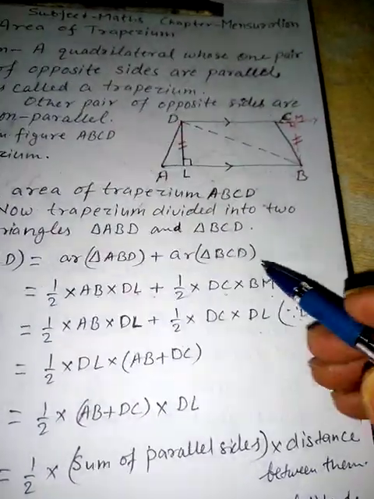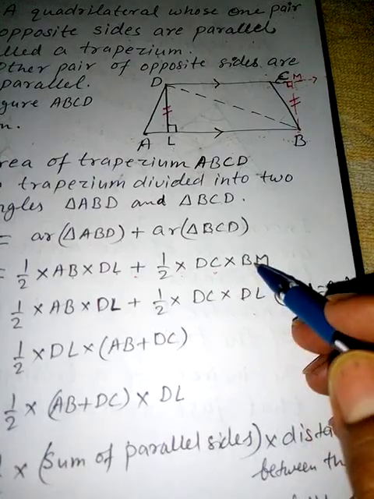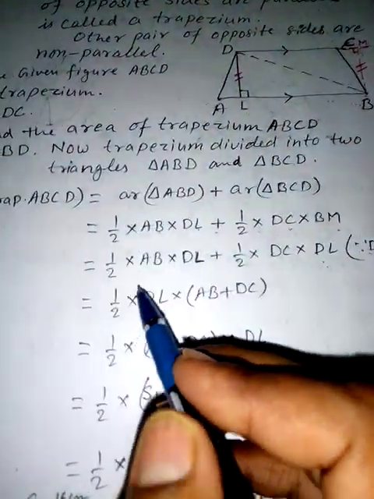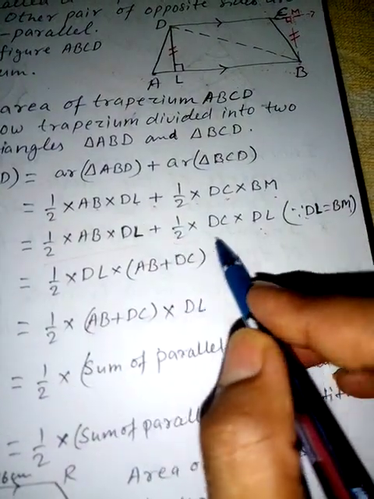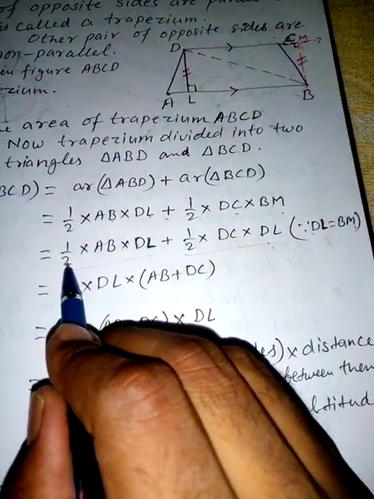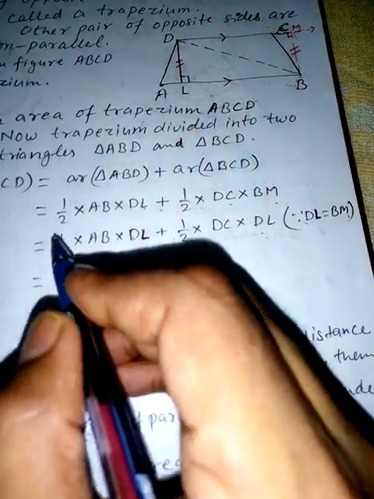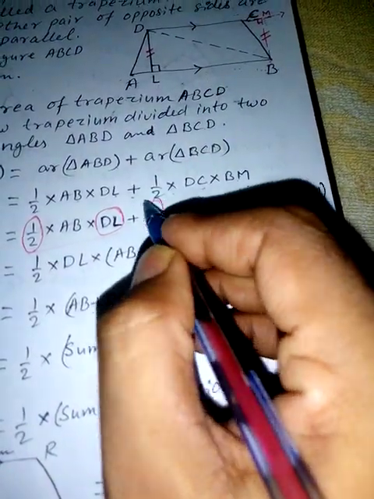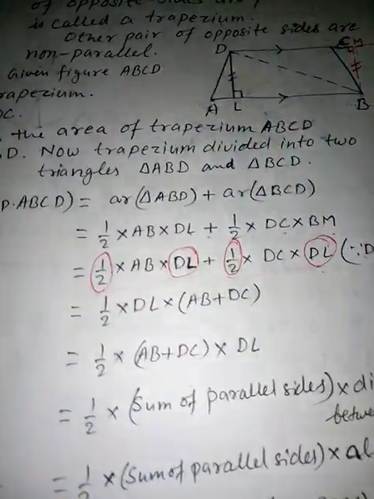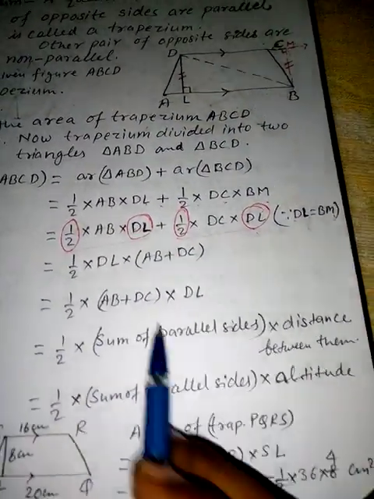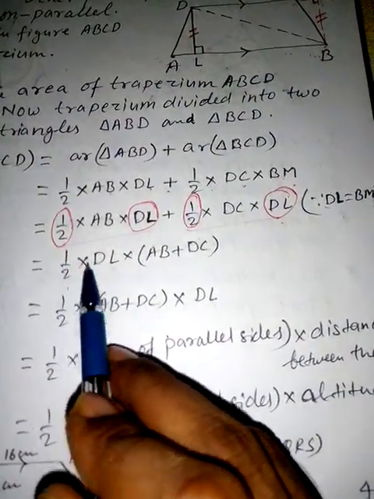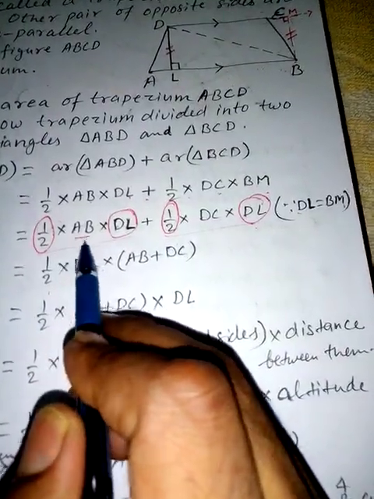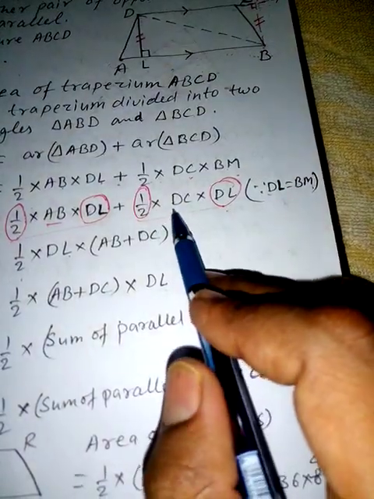So BM is changed into DL. Now you can see in these two terms, 1 by 2 and DL are common. So we write 1 by 2 into DL as common, with AB left here and DC left here.